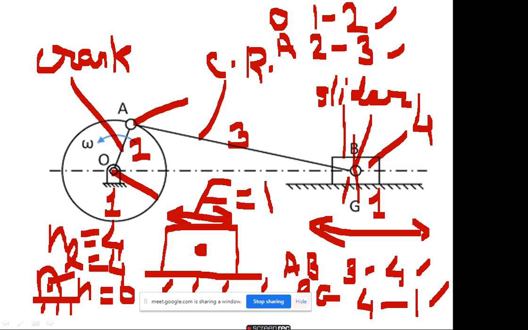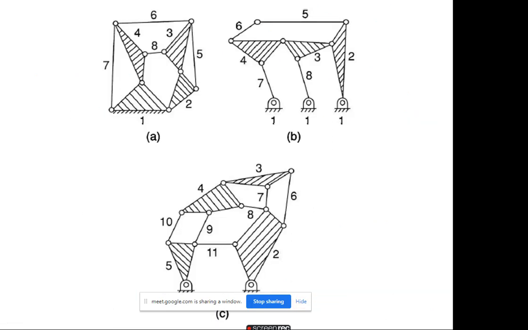So this is about the slider crank mechanism. In the same way, you can solve the degree of freedom for different types of mechanism. I have discussed many problems now. So you can just take a note of this problem and try to find out the degree of freedom for this problem.